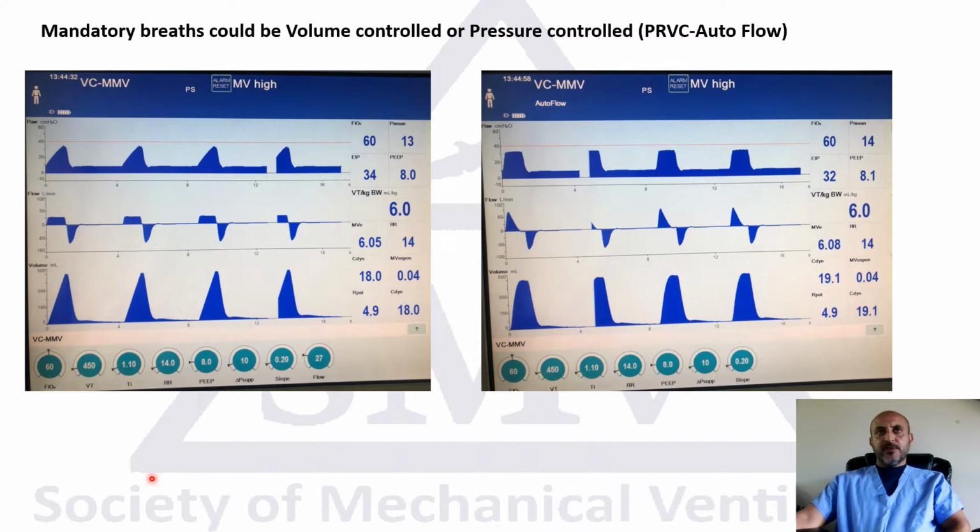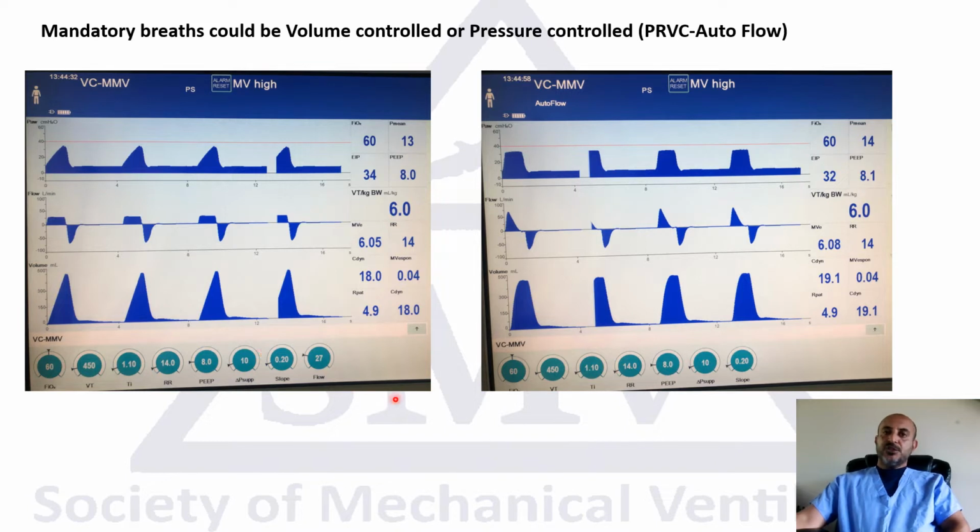We'll talk a little bit about the mandatory breath in mandatory minute ventilation. Typically, it's supposed to be a volume controlled mode if the patient is not having any spontaneous breath. So again, as we said in the last slide, this is the constant square flow waveform used in volume controlled modes, and that's the airway pressure, which typically looks like a triangle.